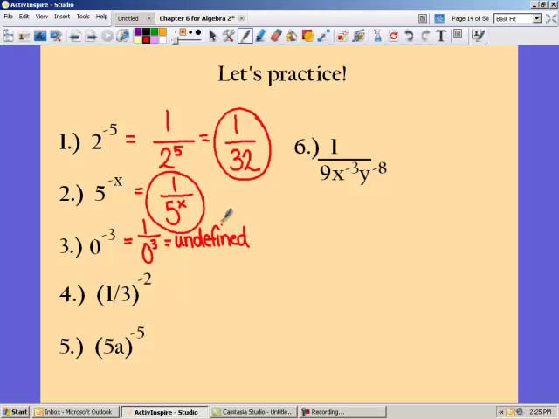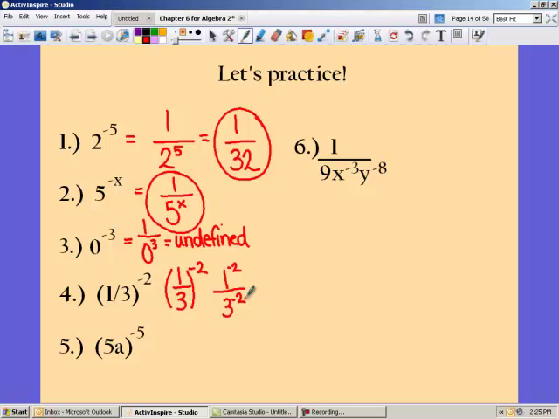Number 4, we have a fraction, 1/3 to the negative 2 power. And I like to write out the fractions where I can actually see which is on top and what's on bottom. The computer doesn't allow us to do that. So we have negative 2 going on to the 1. And we have that negative 2 going on to the 3 as well.